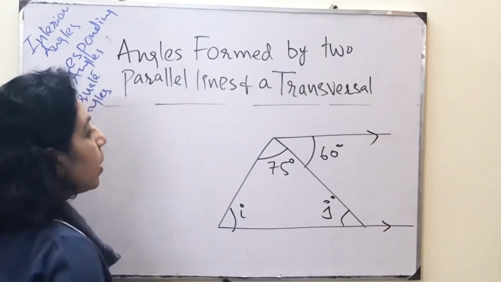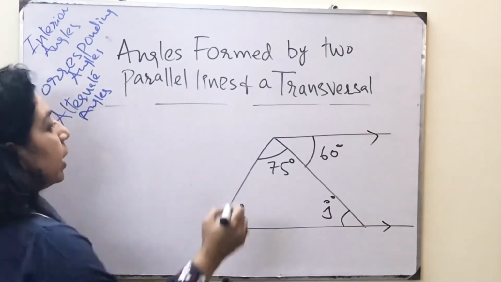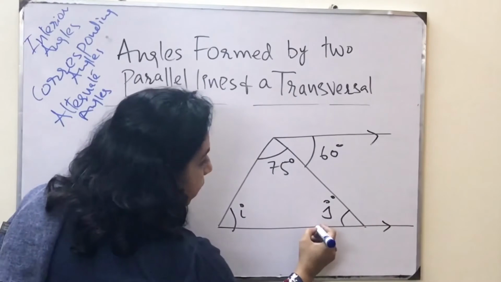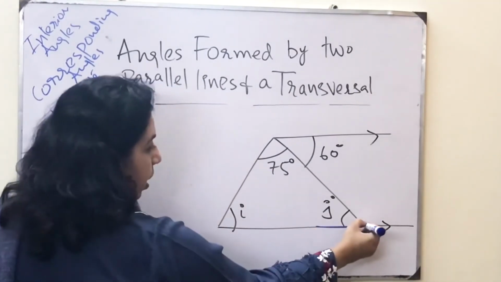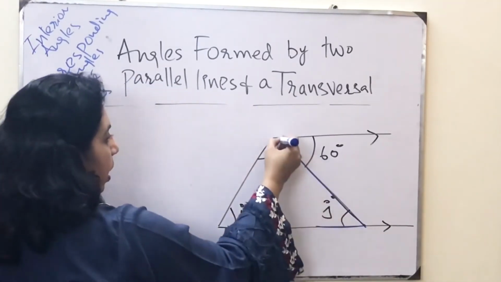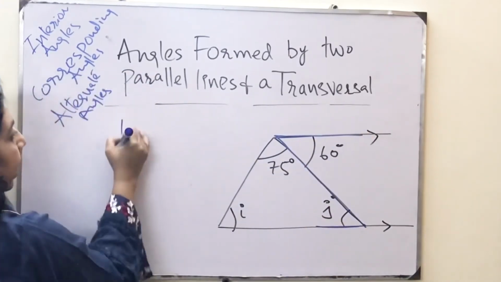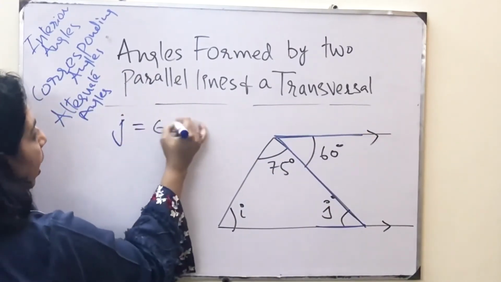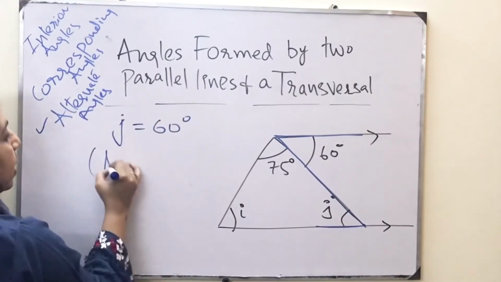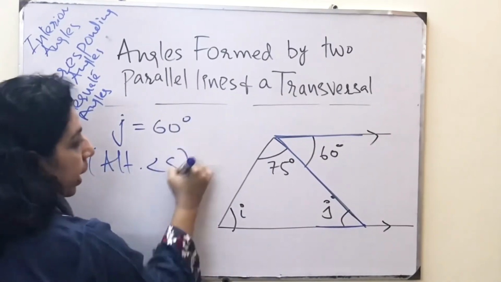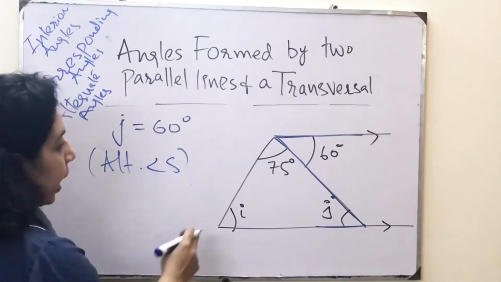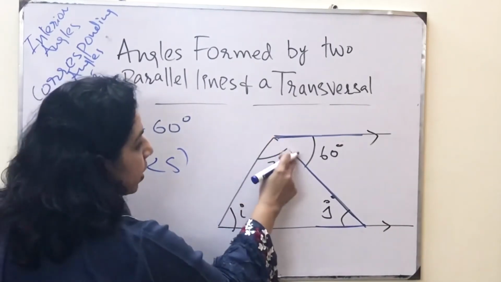In this question we have I and J. These are the parallel lines. J, parallel line, transversal. Again with second parallel line you can see that J and 60 are alternate angles. And when we shall work for I, we shall ignore this transversal.